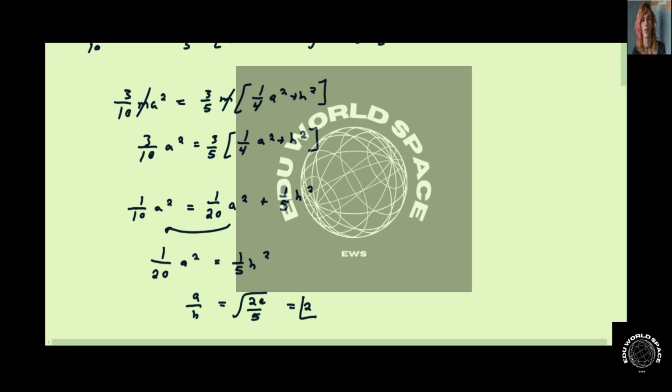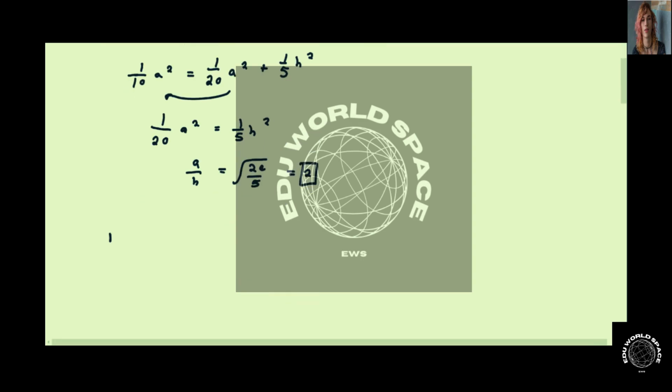And so now we have to do part B. In part B, we have Ix here as 3/10 M A squared. Your Iy here is 3/20 M (A squared plus 1/4 H squared).